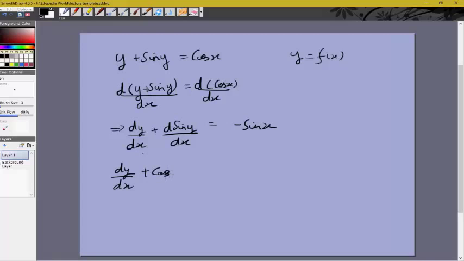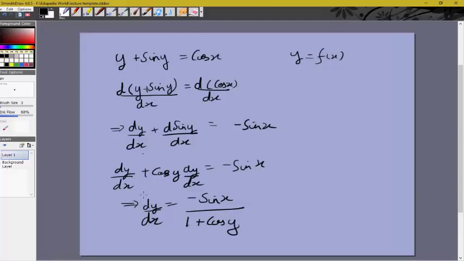So we get dy by dx plus cos y dy by dx is equal to minus sine x, and from that we can get dy by dx is equal to minus sine x divided by 1 plus cos y.